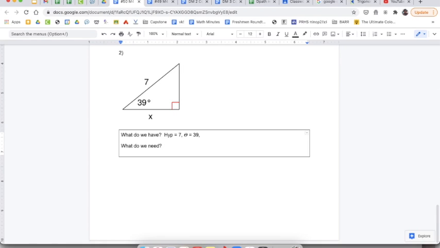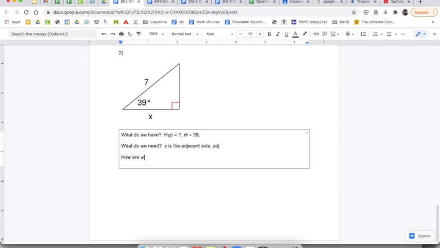Well, we're looking for x, of course, and in this case we've got to identify which side of the triangle, opposite, hypotenuse, or adjacent, we're talking about. And since this is right next to the angle, but it's not the hypotenuse, then x is the adjacent side. ADJ, or just A.